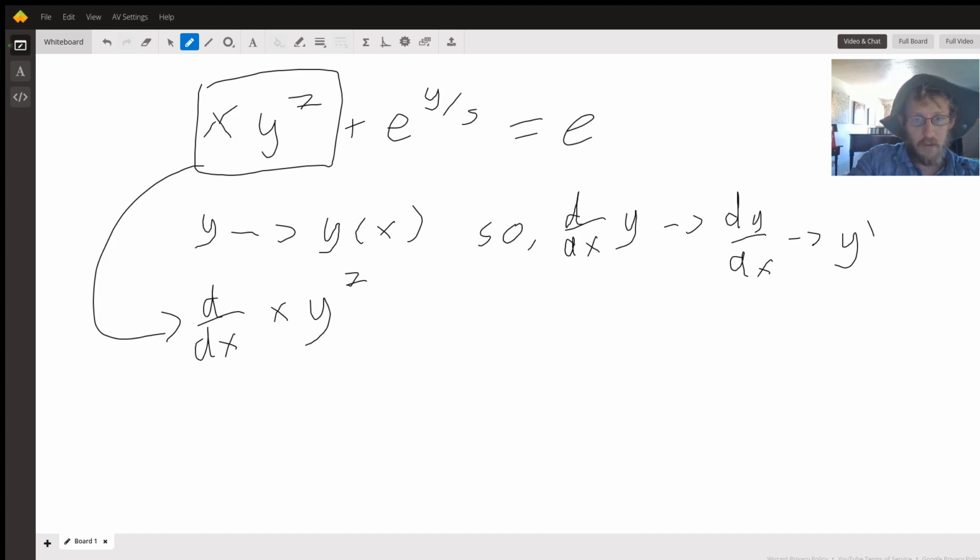That means we do the derivative of the first one, which is 1, times the second one, which is y to the 7th, plus the first term times the derivative of the second term.